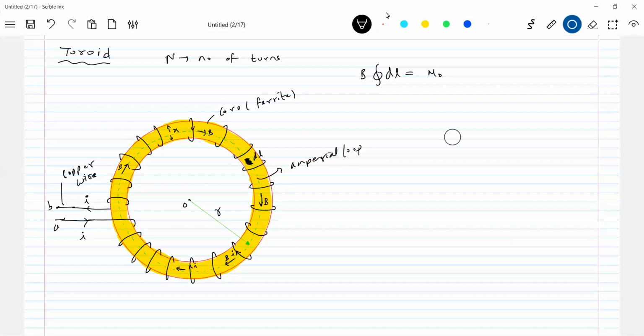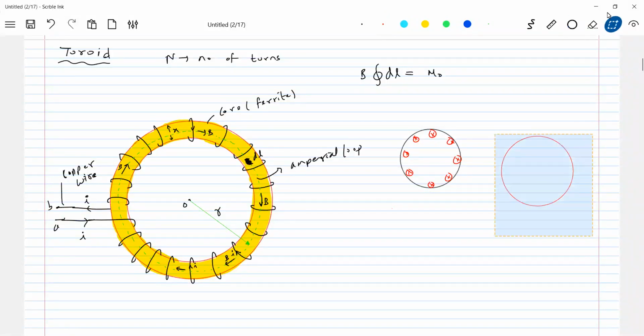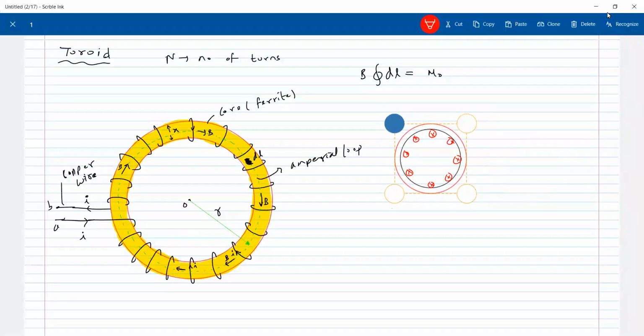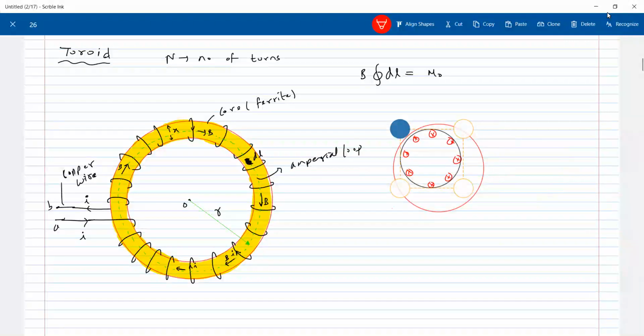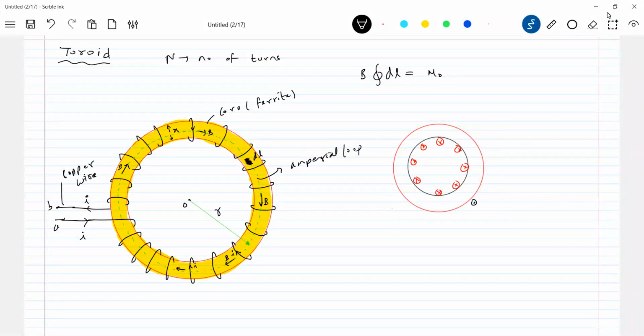If you take the same diagram, this will be outgoing.